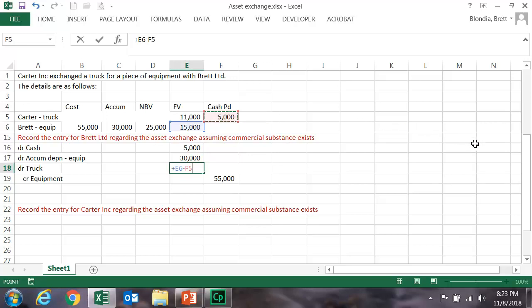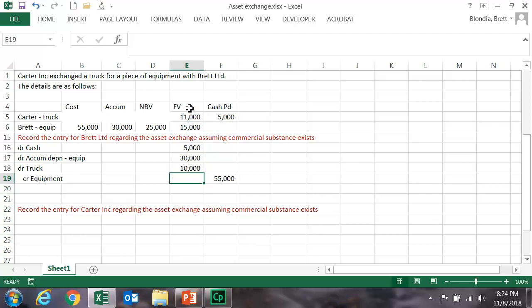So in essence, they only really gave up $10,000 in fair value. Okay? So once again, that calculation, the fair value of what I gave up, and Brett Limited is giving up this equipment, has a fair value of $15,000 minus the cash received, right? Had they paid it, we would have added it, but because they received it, we subtract it.